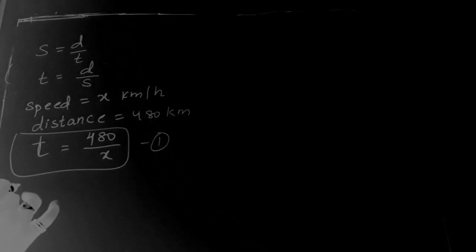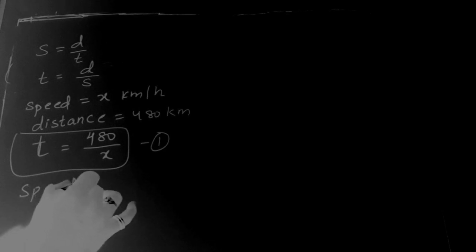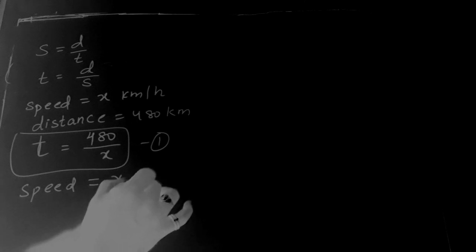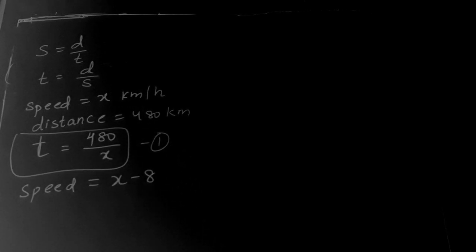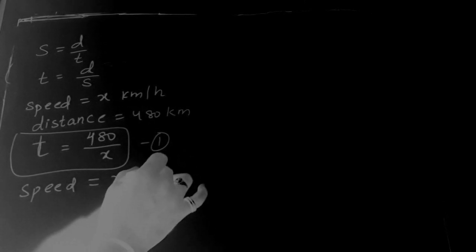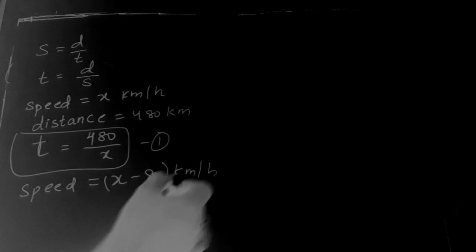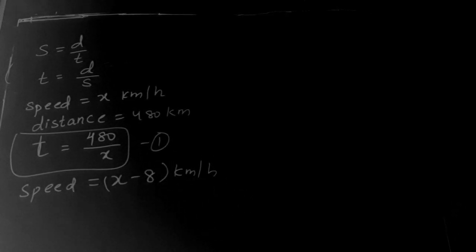In the question he was saying that if the speed is reduced by 8 kilometer per hour, so that is initial speed is x kilometer, now new speed is x minus 8 kilometer per hour. So now here if the speed is reduced, the time is increased, so that is time is nothing but t plus 3.